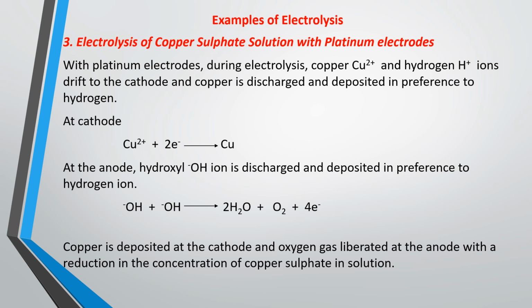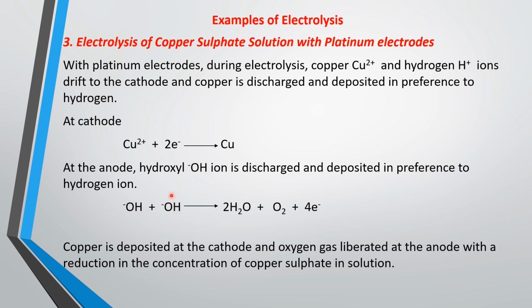This is another one too: the electrolysis of copper sulfate solution with platinum electrodes. The first one we discussed just now was with copper electrodes, but with platinum electrodes during electrolysis, copper and hydrogen ions drift to the cathode and copper is discharged in preference to hydrogen. So you have this equation.